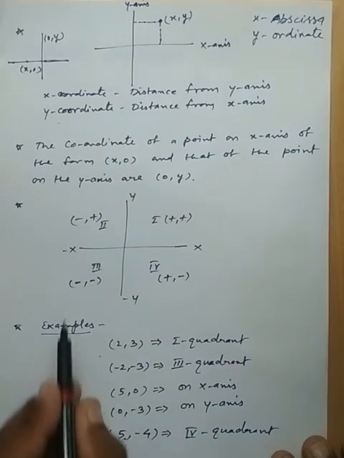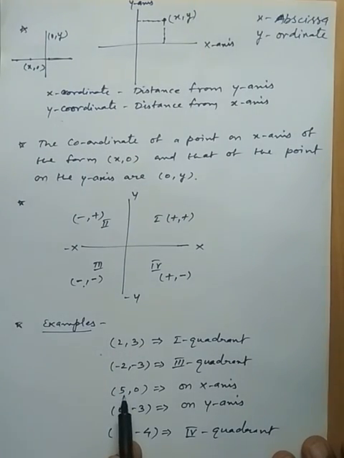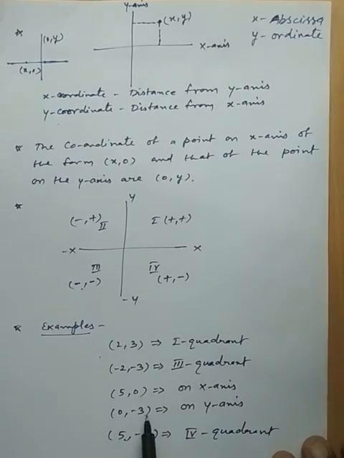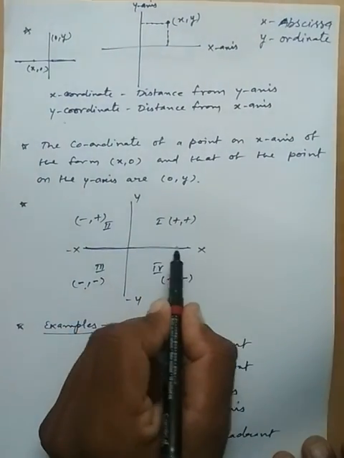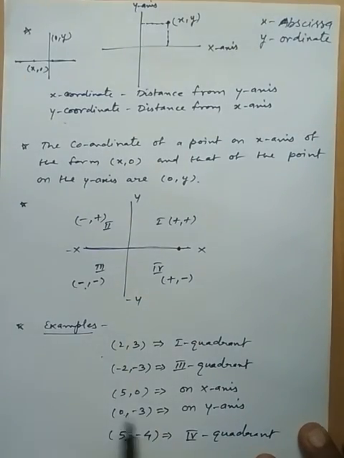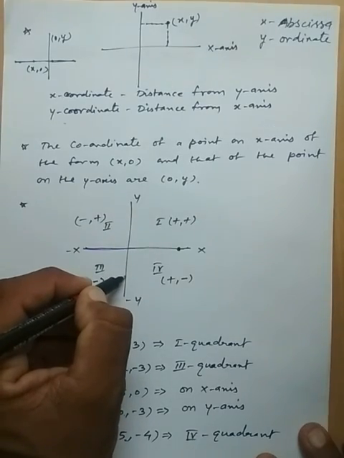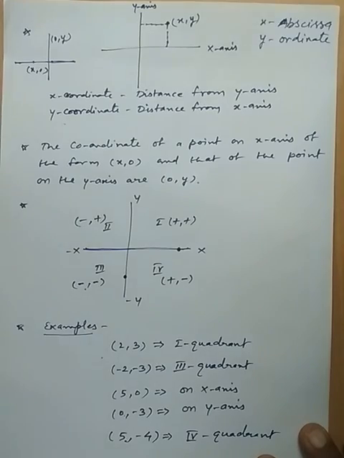Both are negative, so it lies in the third quadrant. (5, 0): the x coordinate is 5 and the y coordinate is 0, so it is lying on the x-axis. Next, (0, -3) is lying on the negative side of the y-axis, so it is lying on the y-axis.